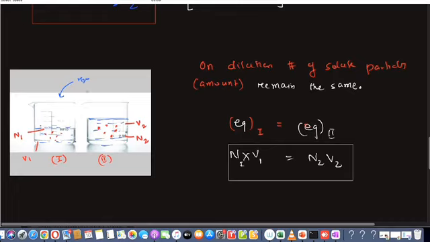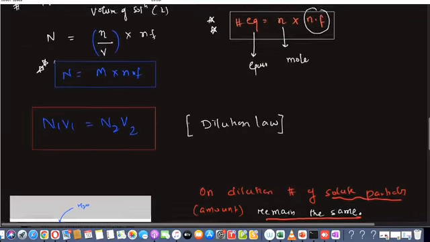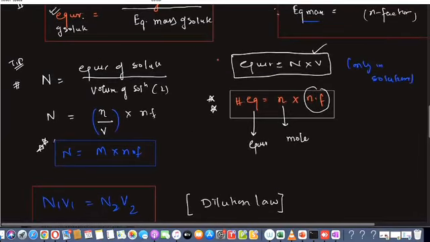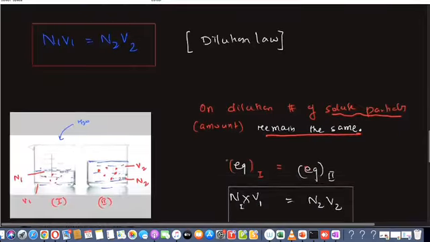But does the number of solute particles change? No, it doesn't. On dilution, the amount of solute remains the same. So equivalent 1 equals equivalent 2, because the equivalent is the amount of the solute. Before dilution and after dilution, the equivalent is the same. So N1V1 equals N2V2, because we have seen so many times that equivalent can also be expressed in terms of N into V.